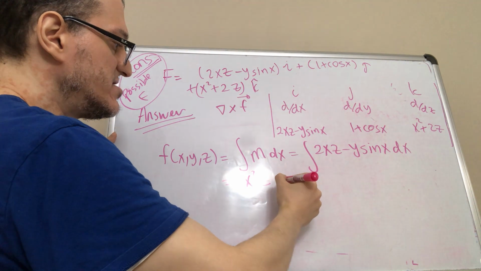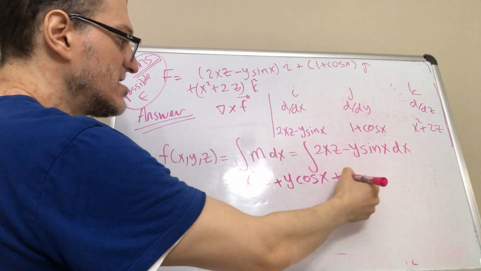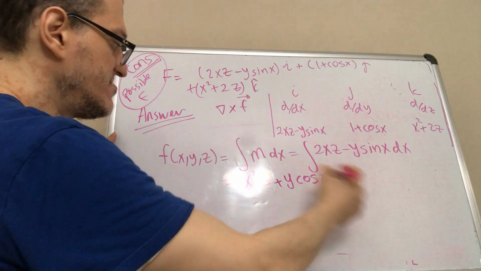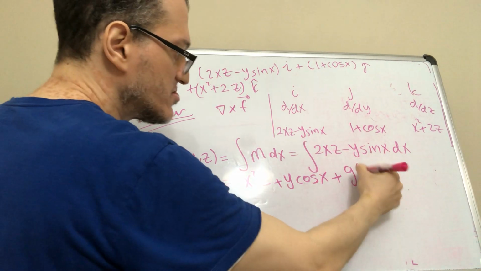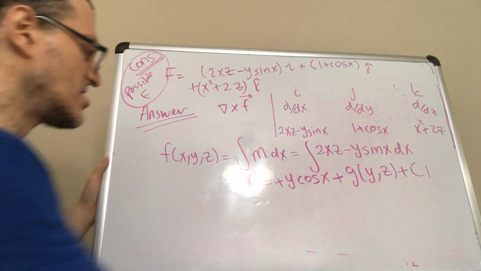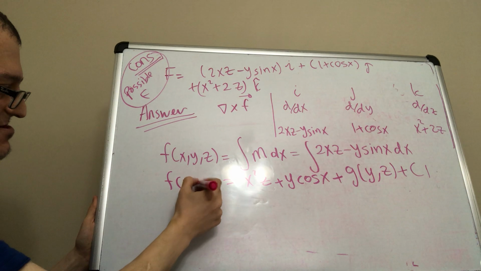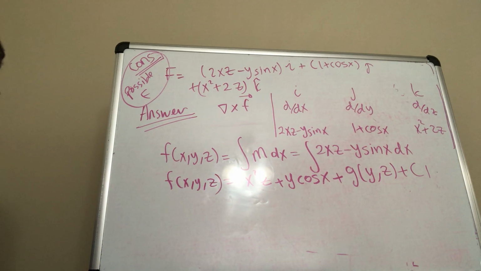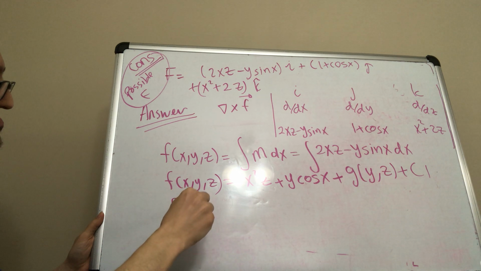Integrating this would be y cosine x plus a function g. This is integration of x in terms of the other 2 variables plus a constant, we call it constant number 1.